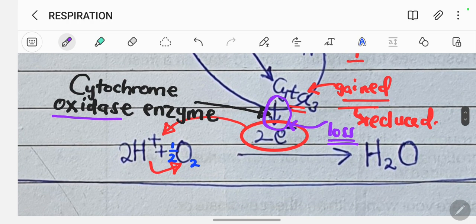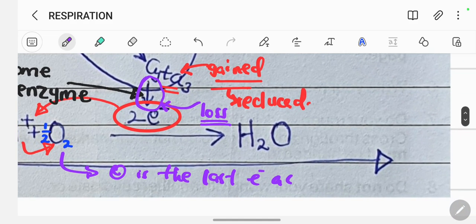Now, as we lose these electrons, this is the reason why we say oxygen is the last electron acceptor.